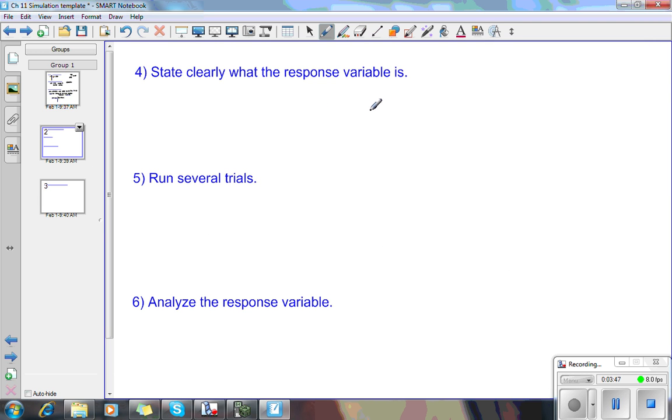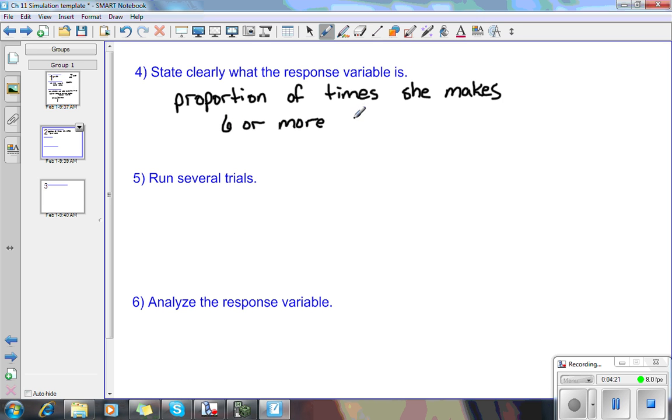All right, so state clearly what the response variable is. So let's think about this one. We want to know the likelihood that she makes 6 or more shots in a row. So out of my 20 shots per game, let's look at the proportion of times she makes 6 or more shots in a row during a game.